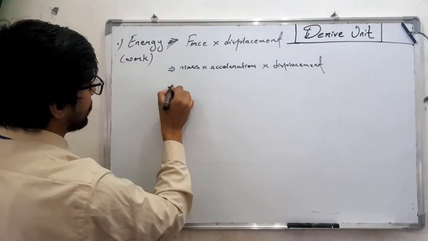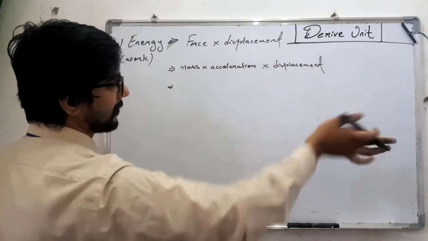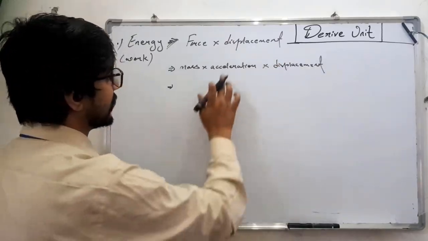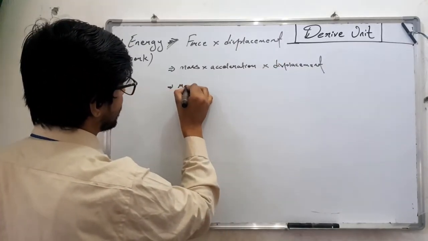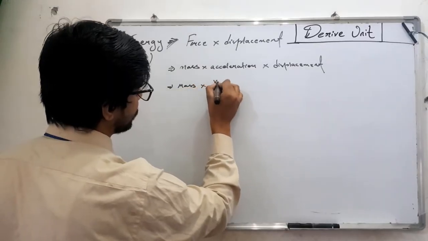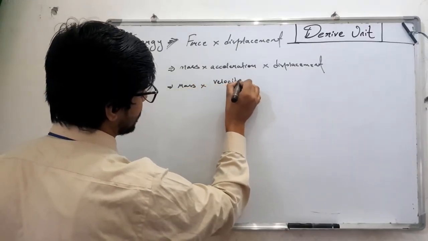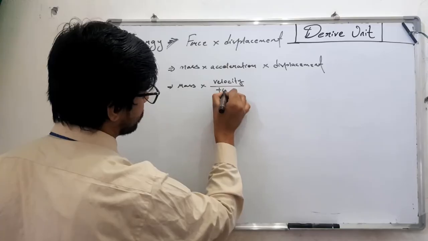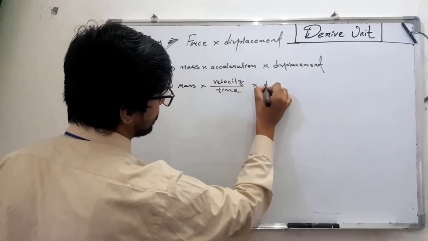Now see, mass and displacement are in terms of the fundamental quantity. Now you need to change the acceleration only, so you can write velocity by time into displacement.